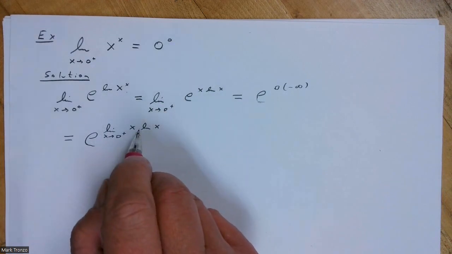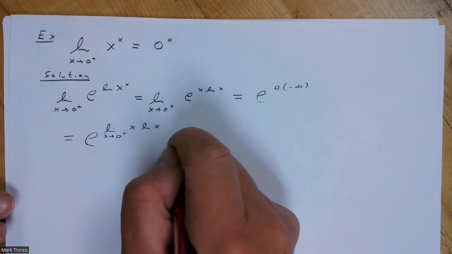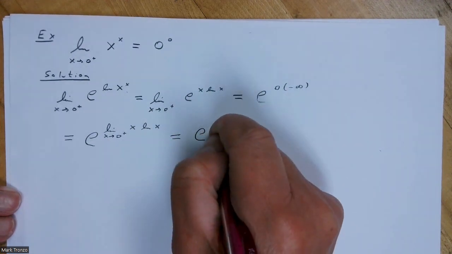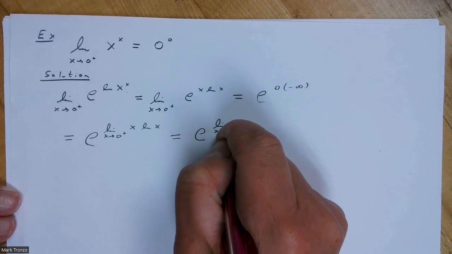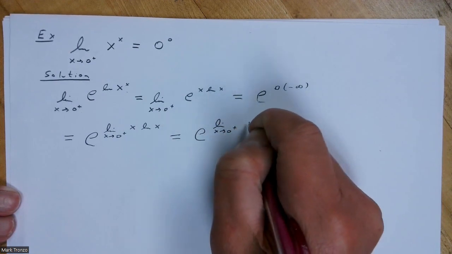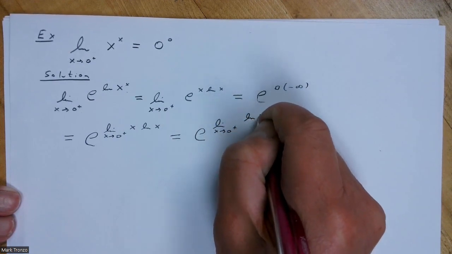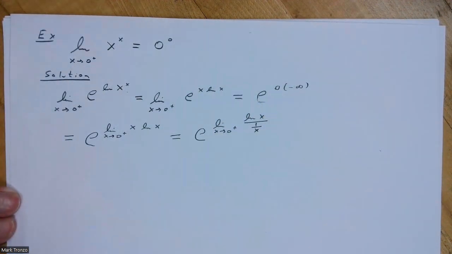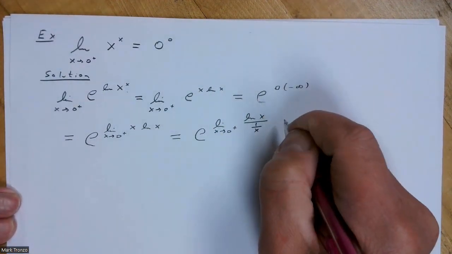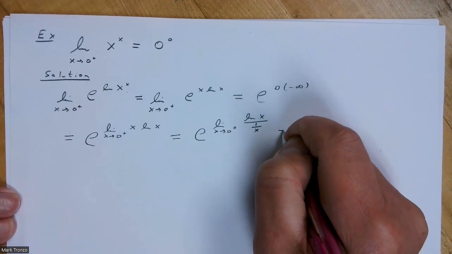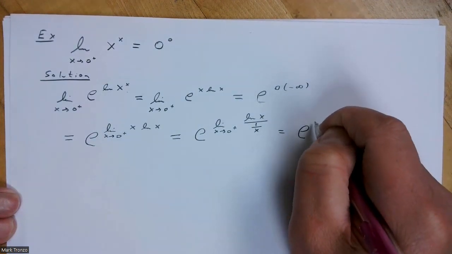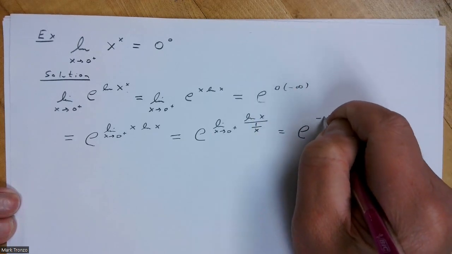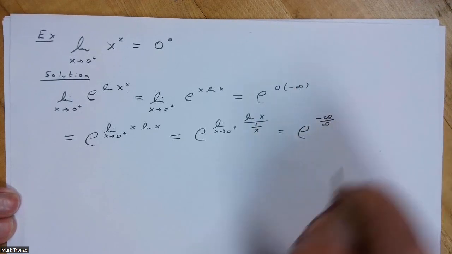Let's put the 1 over x into the denominator, like this. And so we're going to end up getting e, and this will end up being negative infinity over infinity.